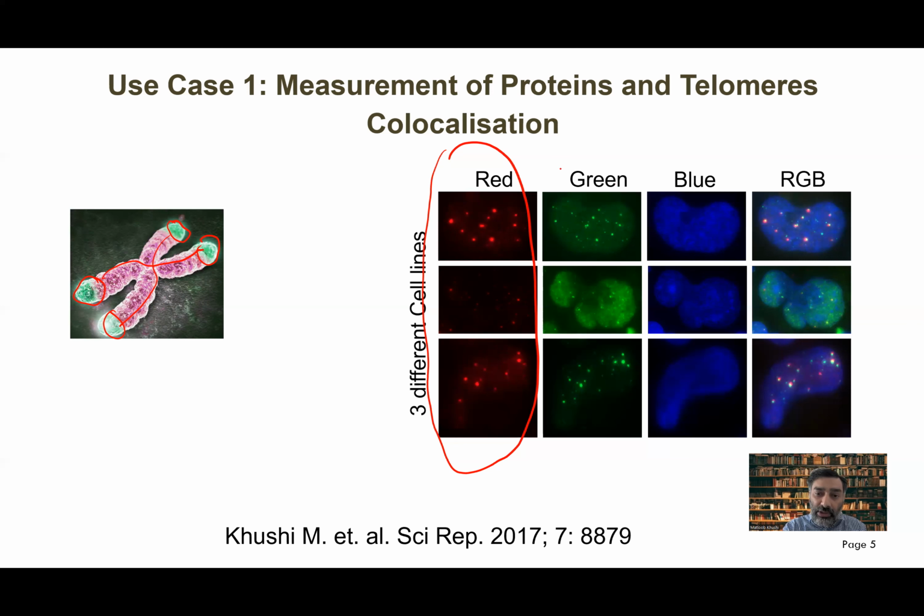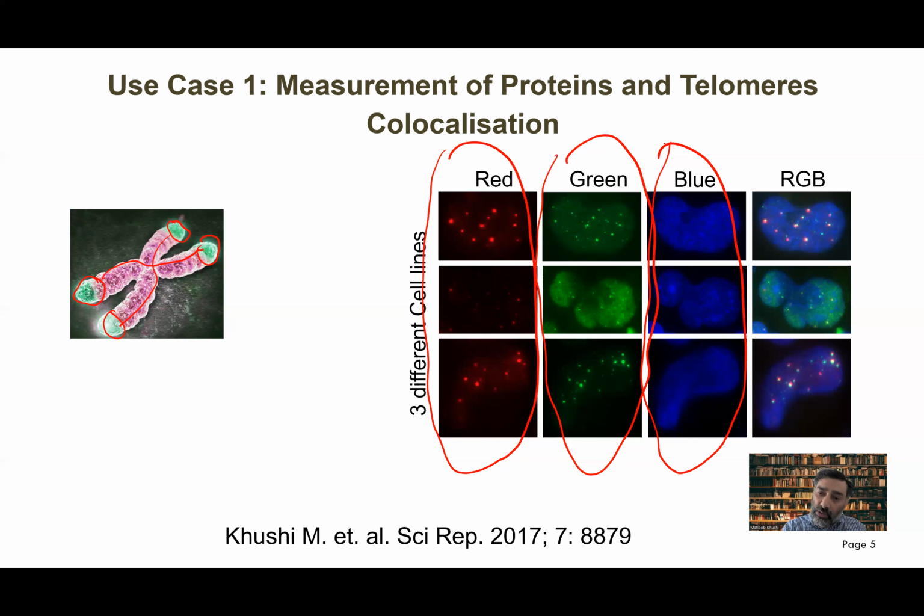Similarly, on the green channel, there's another protein which is stained, and then the nucleus itself is stained blue, captured on a separate channel. Now these three channels are captured on a microscope, and then we look at how the green dots and the red dots are interacting within the nucleus.